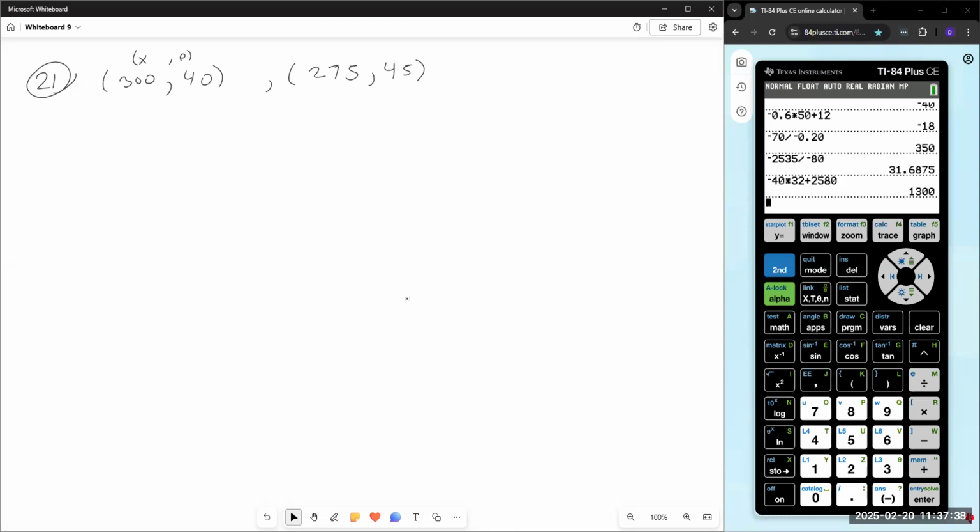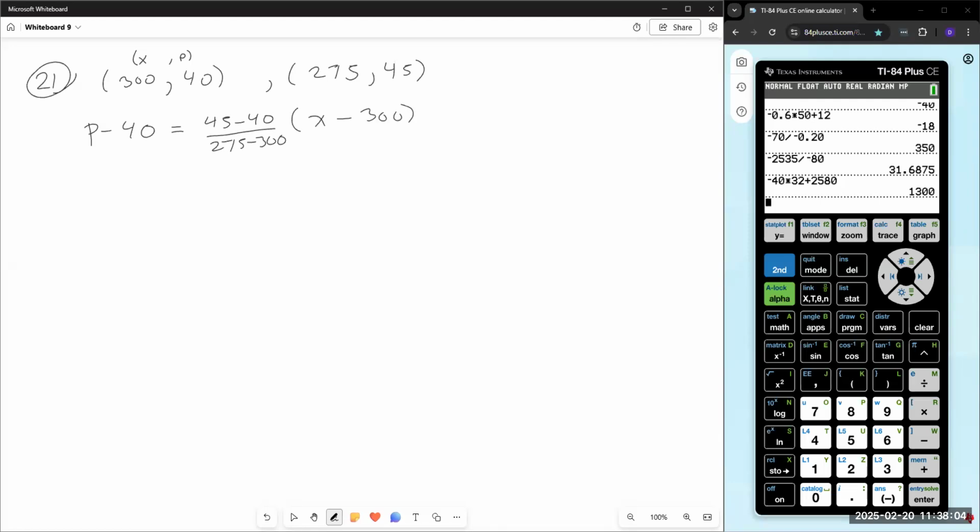So let's go ahead and look at that. This will be P minus 40 is equal to 45 minus 40 over 275 minus 300 times x minus 300.